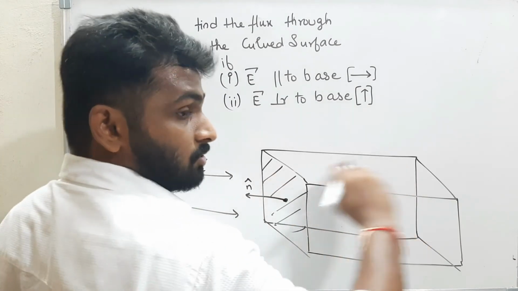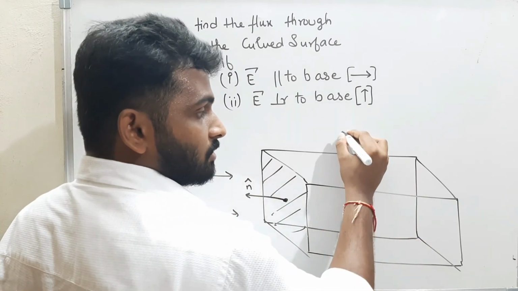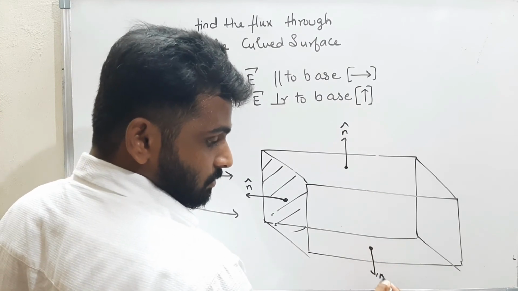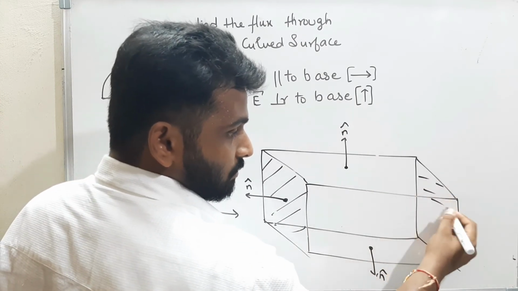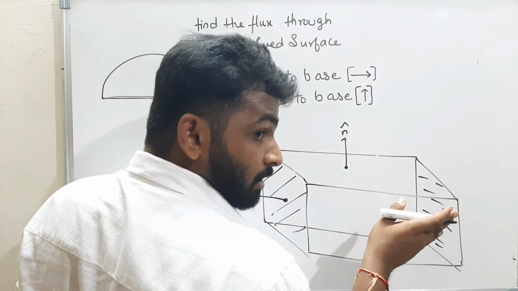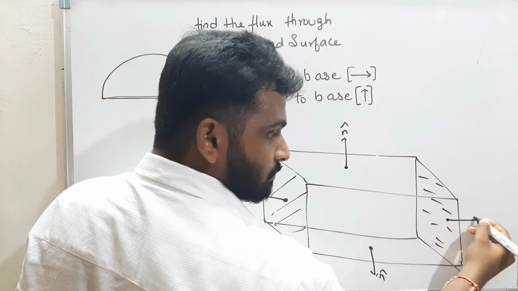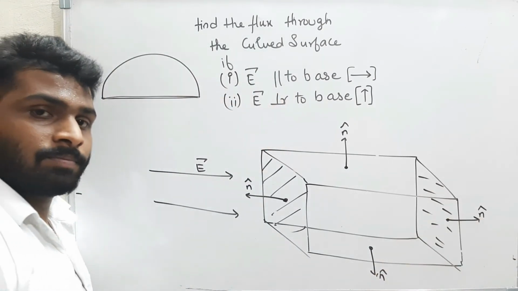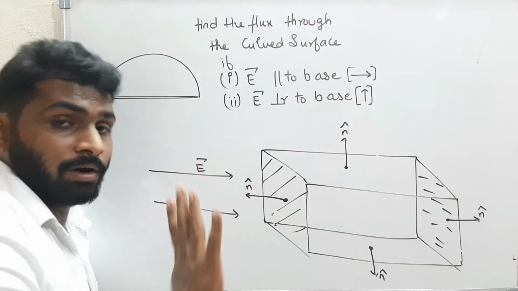For the top surface, the area vector will be in this direction. For the bottom surface, the area vector will be downwards. For this surface, the area vector will be perpendicular and outwards. For every surface, there will be different area vectors.